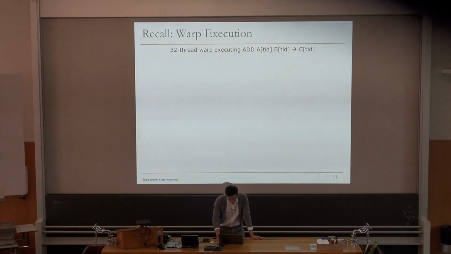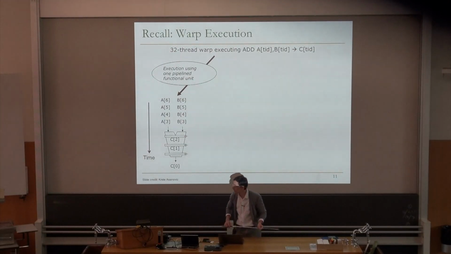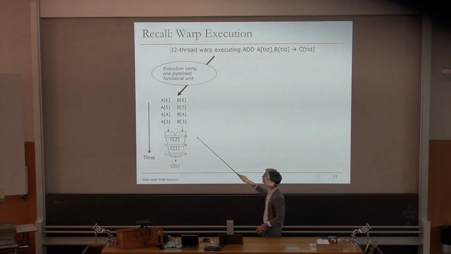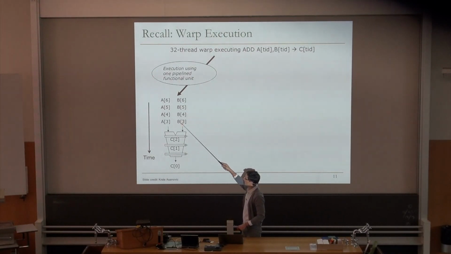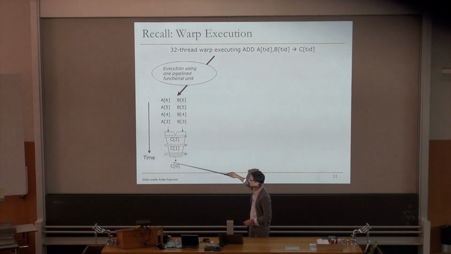You also recall this slide. How do we execute these 32 threads, the set of threads, 32 typically in NVIDIA architectures, that belong to the same warp? How do we execute them onto the hardware? It depends on how many functional units we have. If we have one single functional unit, we will need to execute the operations, in this case an addition, in a pipeline manner.